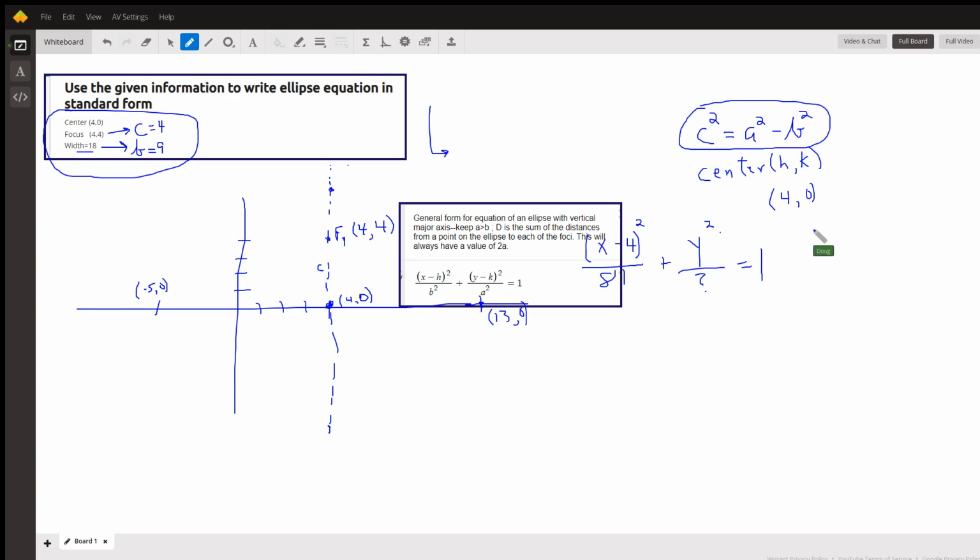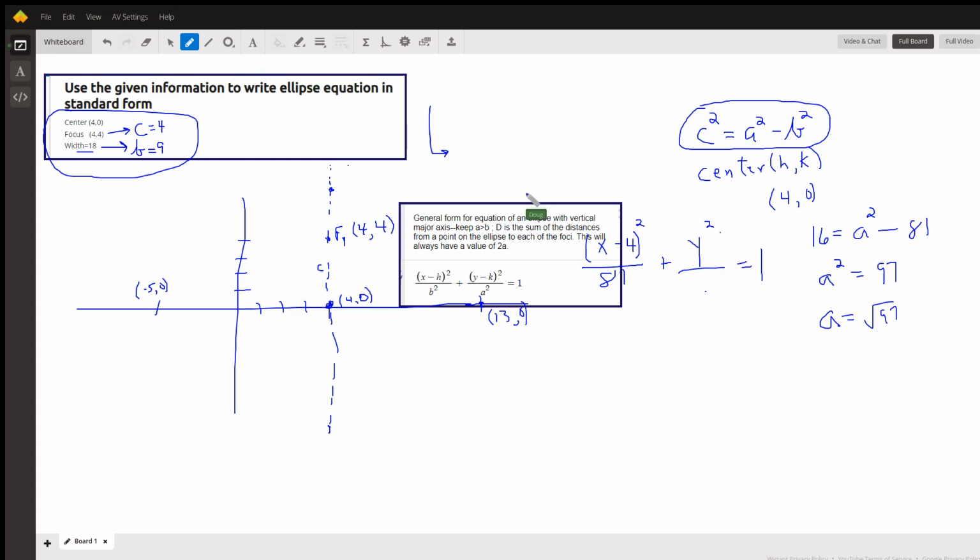C is 4, so 16 is equal to A squared, which we don't know, minus B squared, which is 81. So A squared equals 97. We'll take the positive square root if you just wanted to know A, but really we want A squared. So this is a 97 down here.